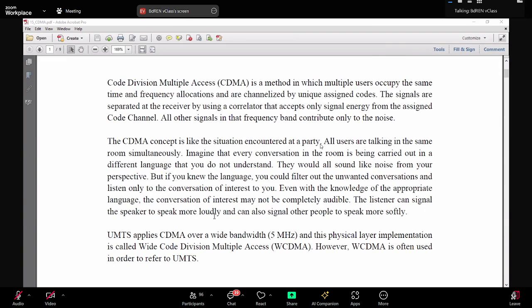So you can only understand your own transmitter. He is using a code which is known to you, and you can use it to decode your speaker. But other people are using other codes which are absolutely not understandable.